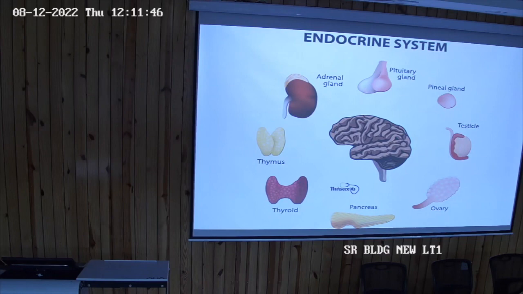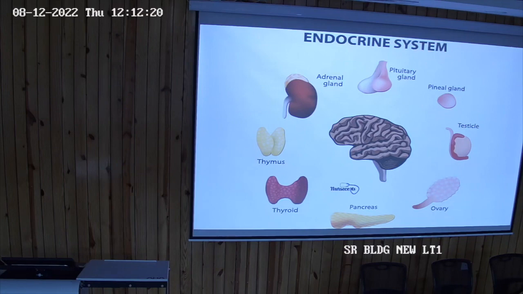Okay. Now let's see the hormones secreted by the pituitary gland. First of all, look at the hormones coming from the posterior lobe. The posterior lobe secretes two types of hormones. One is the hormone oxytocin.